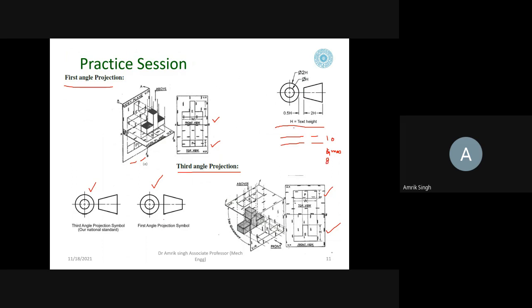Okay. So that's why it is able to accommodate in this 10 millimeter line. So if h is 4, this becomes 8, and this will be h, this will be 2h, and this gap will be 0.5h. Okay. So in the examination you will be asked to draw this symbol. So you have to draw it with this dimension.